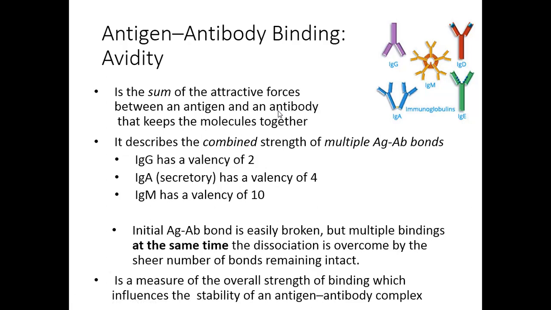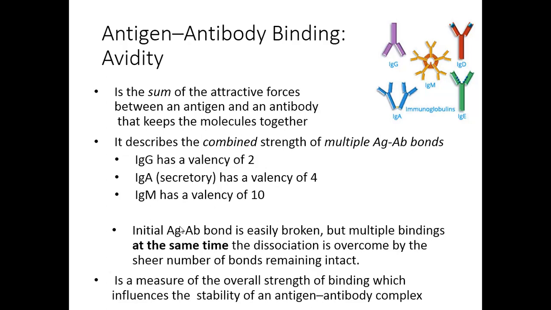The thing that really impacts avidity is the strength of being able to have multiple antigen-antibody bonds holding the molecules together. And we talked about the valency of each of the different kinds of immunoglobulins, and why the valencies are important. We're going to see in just one slide how valency is going to play a huge part in that.